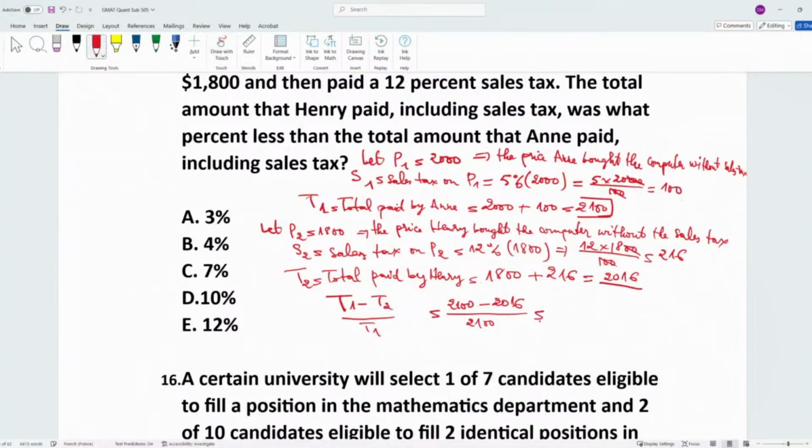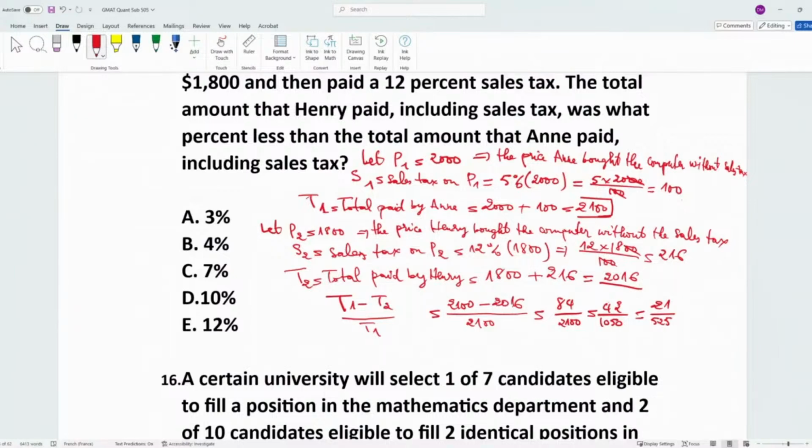So this will give us 84 over 2,100. If you divide by 2, 42 and 1,050. Divide by 2 again, yeah. This will give us 21 over 525.